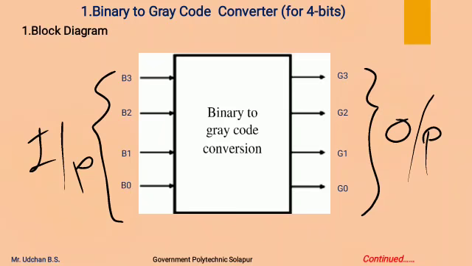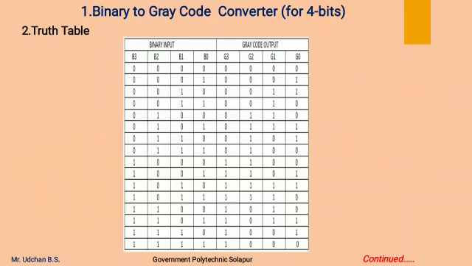Depending on this we have to make a truth table which consists of 4 inputs and 4 outputs. This is the truth table. The binary inputs are B3, B2, B1, B0, and gray code outputs are G3, G2, G1, G0.